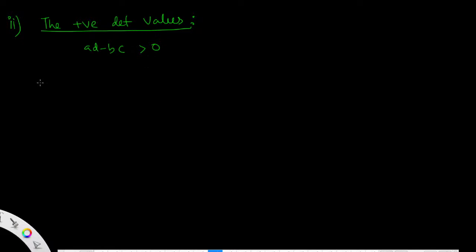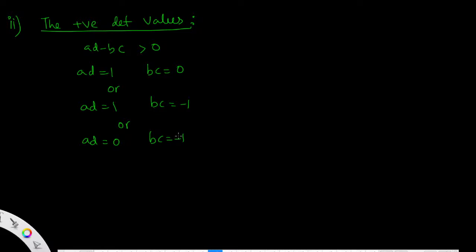AD minus BC must be positive means the subcases we can do. AD equal to 1, either BC equal to 0, or else another way we can get AD equal to 1 and BC equal to minus 1. And here either AD equal to 0 or BC equal to minus 1. So these are the possible cases.